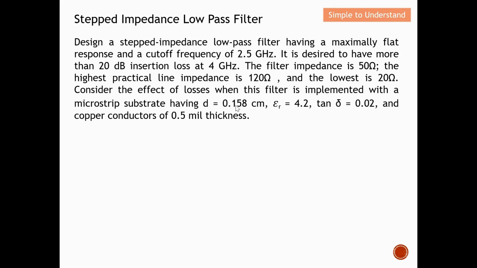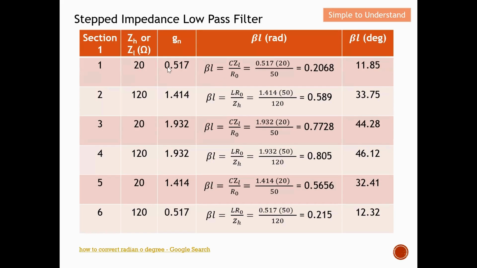To be very frank, most of the time we only consider the thickness of the substrate and also the epsilon r. Most of the time, all these others we can neglect, because they don't play a very distinct role in determining the width and also the length of a microstrip line. This is what I have gone through in the A series.